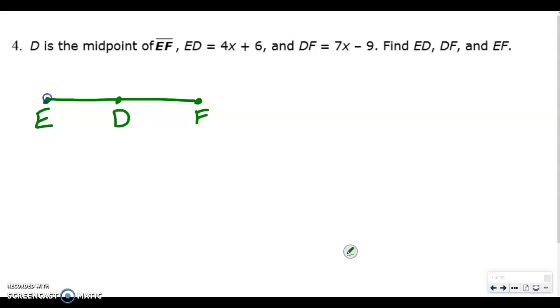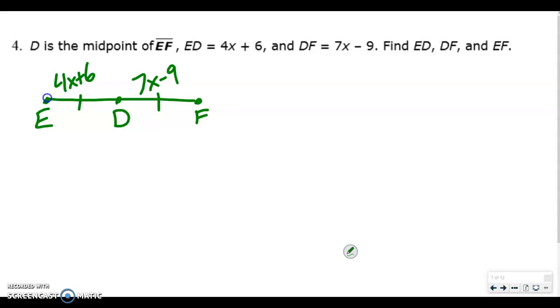And if D is the midpoint, we know ED is congruent to DF. And we'll put those little tick marks. We know ED is 4x plus 6. We know DF is 7x minus 9. And we need to find ED, DF, and EF. So the two smaller segments and the big segment.